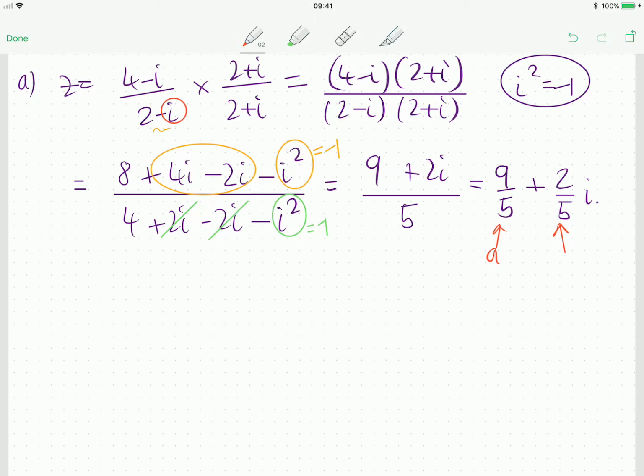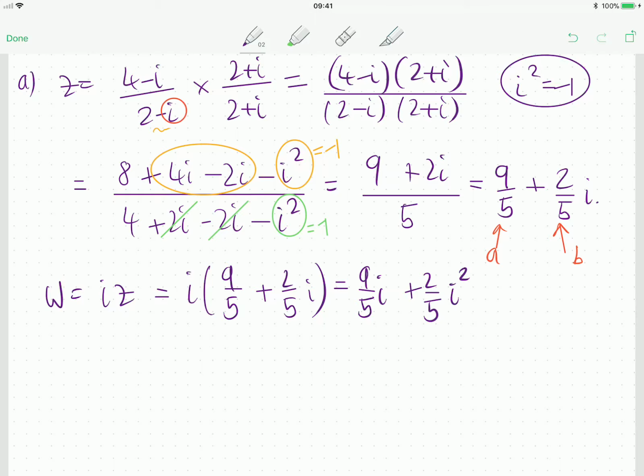Okay, so that deals with z. How about w? Well, w is i times z. Z, we've just calculated this, so I can put this straight in. If I times this out, I get 9 over 5 times i plus 2 over 5 times i times i.